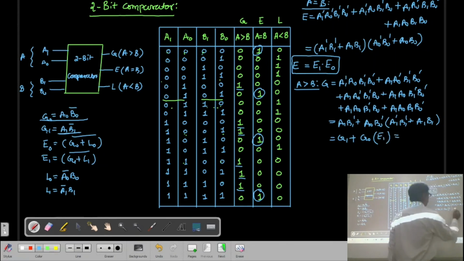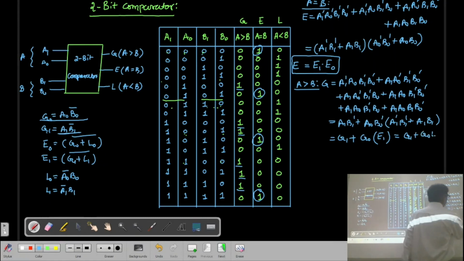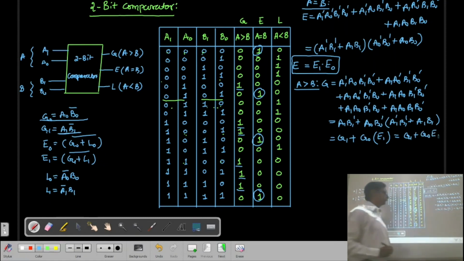So this is G1 plus G0 E1. This is the expression for A greater than B.